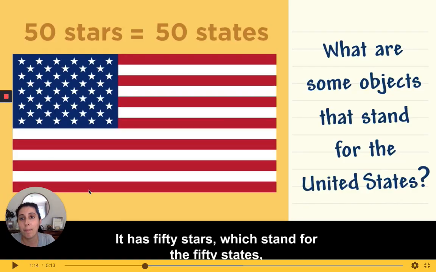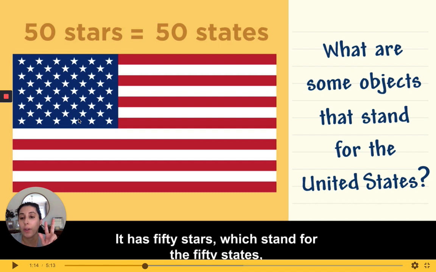All right, welcome back. So what's something else that we learned? What do each of these stars stand for? Well, first, actually, let me ask you, how many stars are there? Call it out in 3, 2, 1. 50. That's right, there are 50 stars. And what does each star stand for?